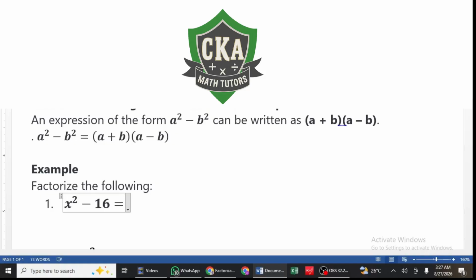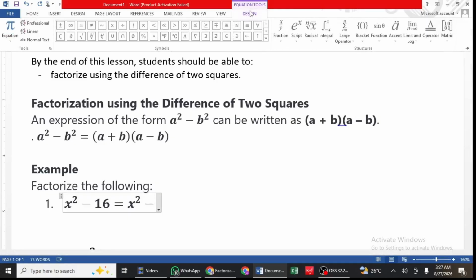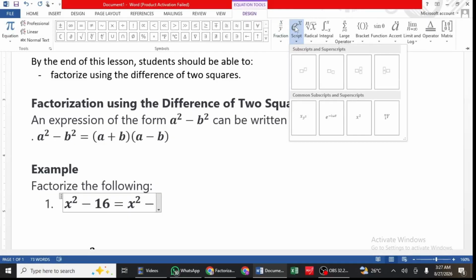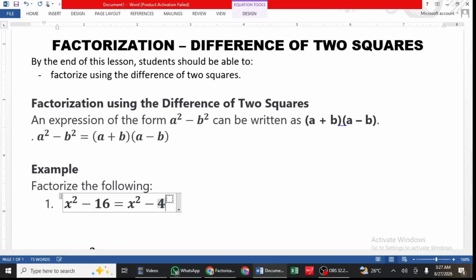The first step is to recognize the expression as a difference of two squares, and this will give you x squared minus, then you convert 16 also to something raised to power 2, and that will give you 4 squared.